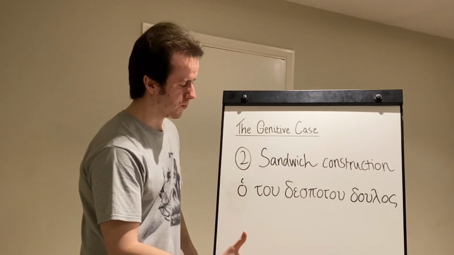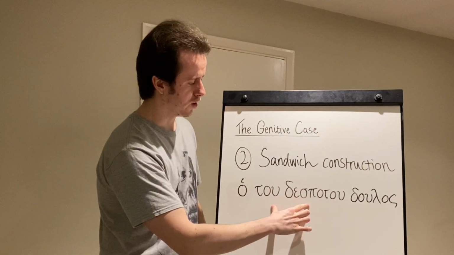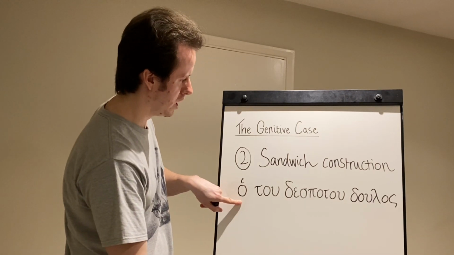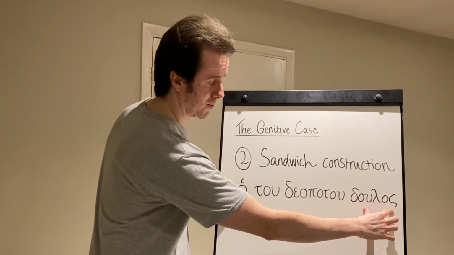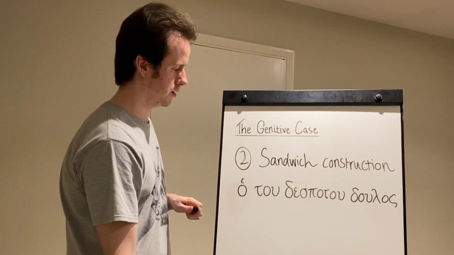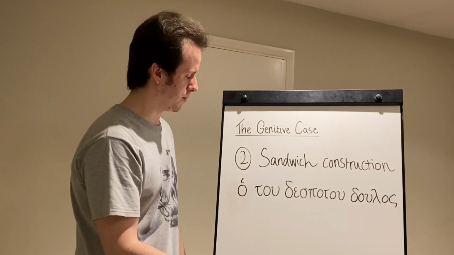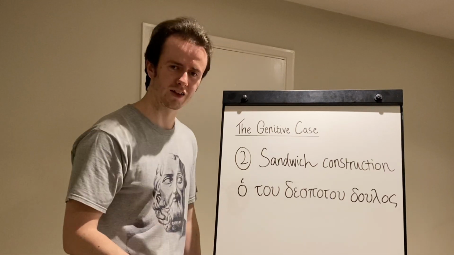So you can see that the genitive phrase has been sandwiched in between the definite article and noun that is supposed to go with that definite article. That is why it's called the sandwich construction. Other people call this a genitive sandwich.